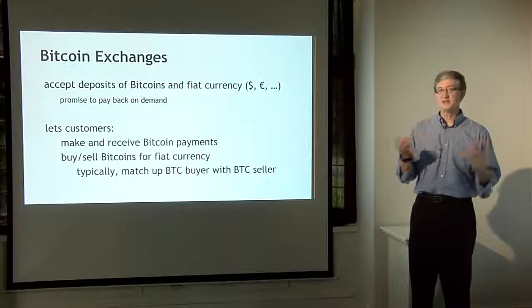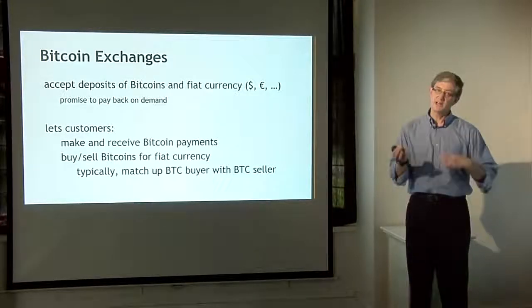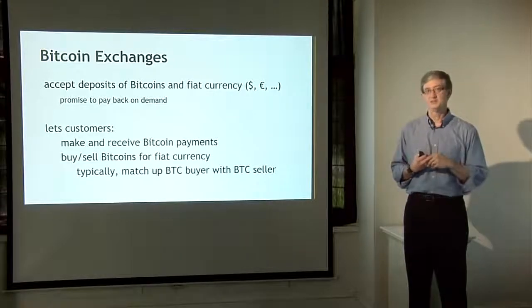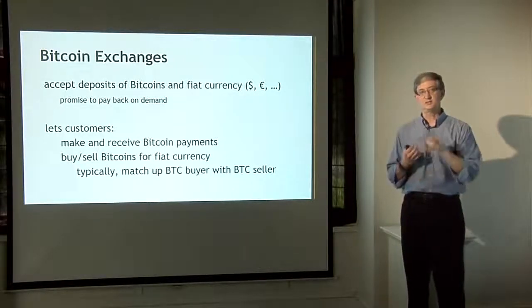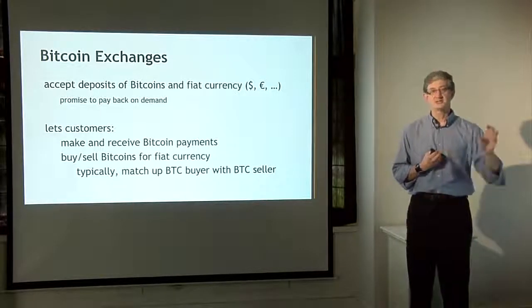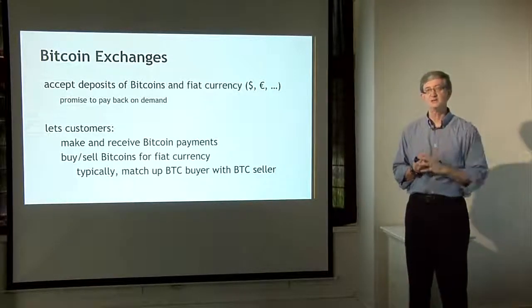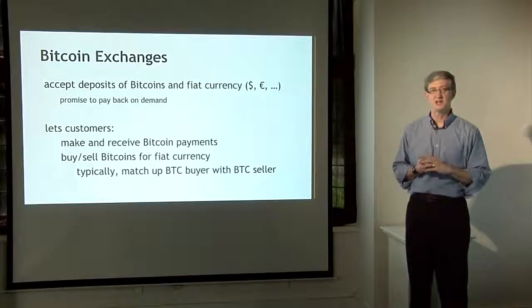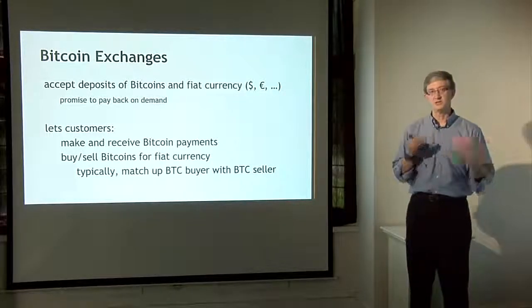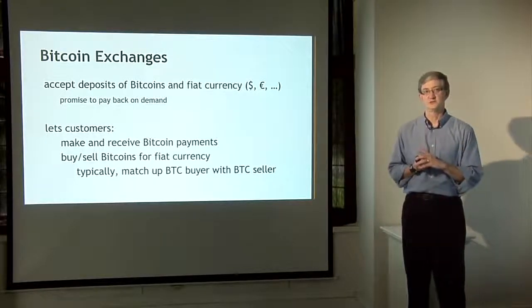And what they then let you do is, again, various banking-like things. They let you make and receive Bitcoin payments. You can direct the exchange to pay out some Bitcoins to a particular party, or you can ask someone else to deposit funds into a particular exchange on your behalf, put them into your account. And they also let you exchange Bitcoins for fiat currency or vice versa.